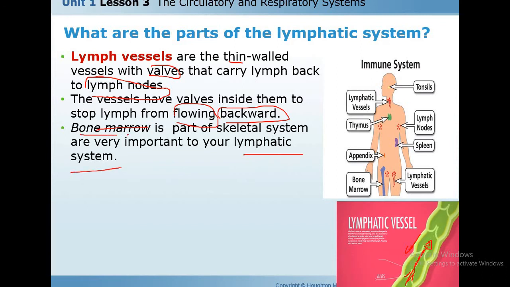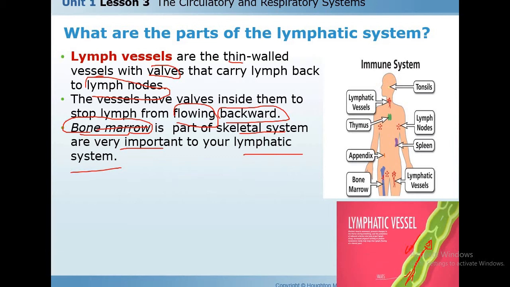Bone marrow. Bone marrow is part of the skeletal system, and it is very important to your lymphatic system. Bone marrow is present in bone. Why? Because it produces white blood cells.